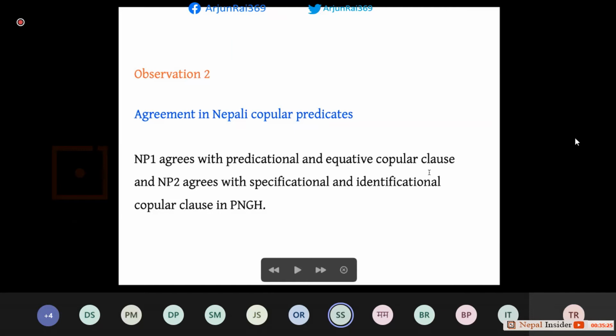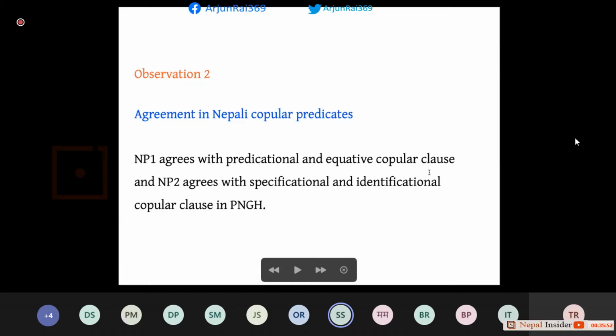Since we have SOV, the verb is final, so we look at proximity to the verb. NP1 agrees with predicational and equative copular clauses, whereas NP2 agrees with specificational and identification copular clauses in person, number, gender, and honorificity. This is what has been observed in terms of agreement in the copular.